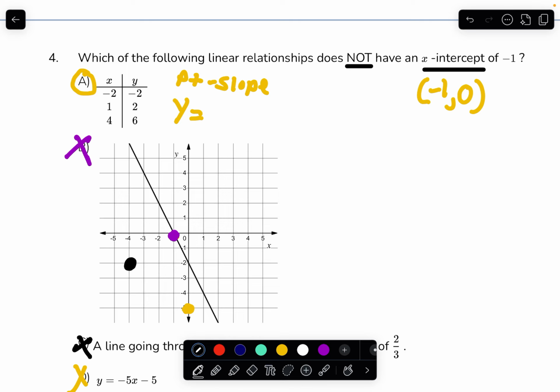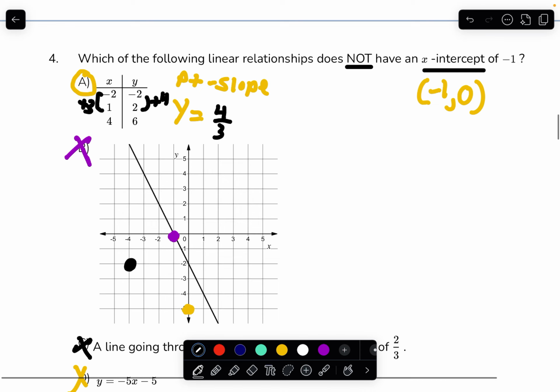You could see that we add 4 to y while we add 3 to x. So the slope is 4/3, rise over run. Then I'm going to use the point (1, 2): y = 4/3(x - 1) + 2.